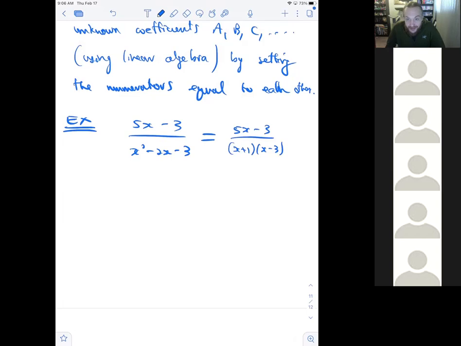Now I have to make my guesses based on the denominator. I have 2 linear factors. So the 1 over x plus 1 means that I'm going to guess A over x plus 1. And the 1 over x plus 3, because I have the product of those, means that I'm going to guess B over x plus 3.